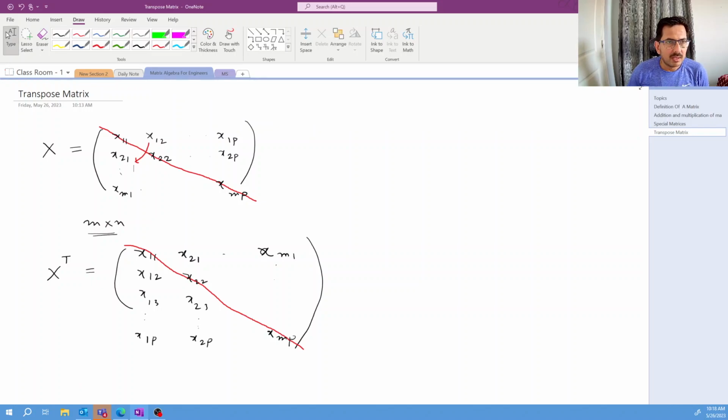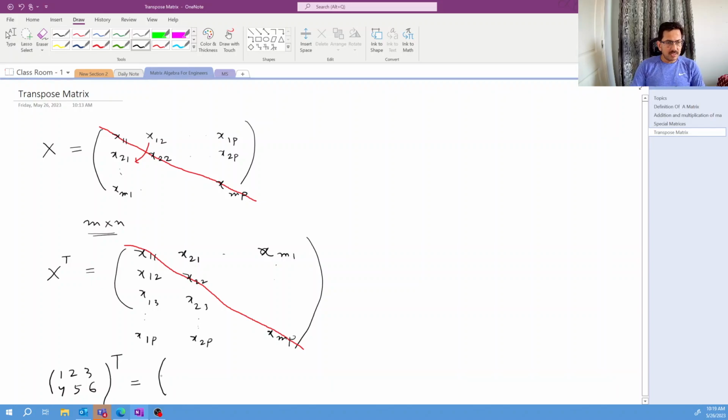Okay, hope you understand. By chance if it is not clear, let me give a small example. Let's consider we have a matrix 1 2 3 and 4 5 6. If we do the transpose of this one, the number of rows and the number of columns will be swapped.